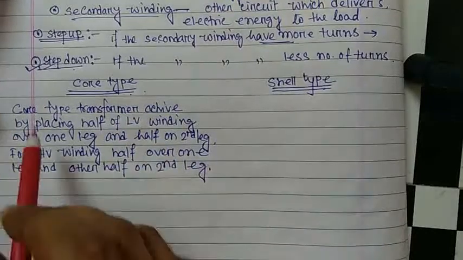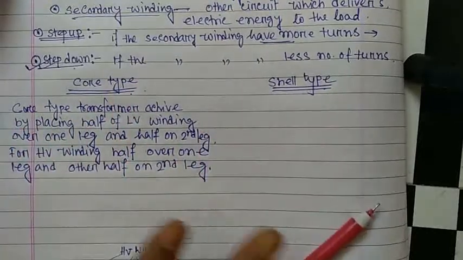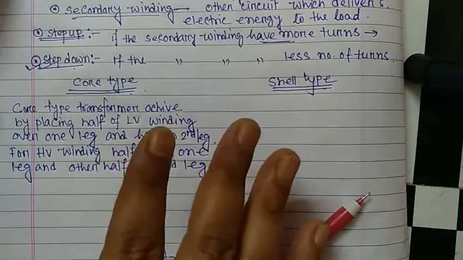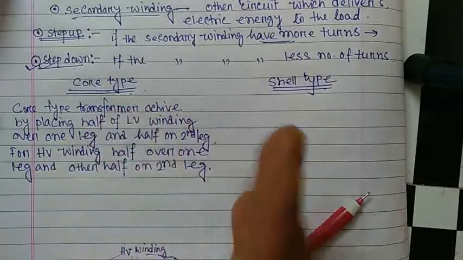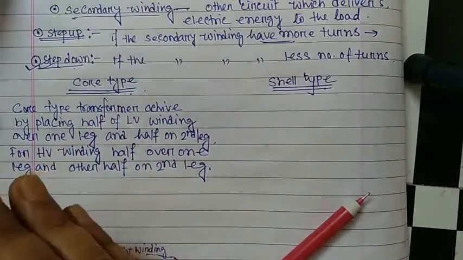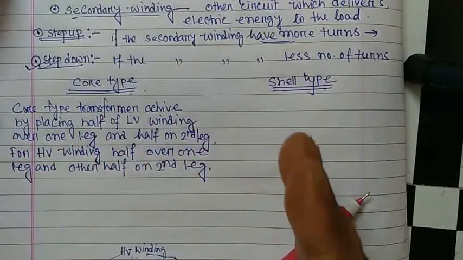Remember that in case of a core type transformer, for low voltage and high voltage winding, one half is on one leg and the other half on the second leg.